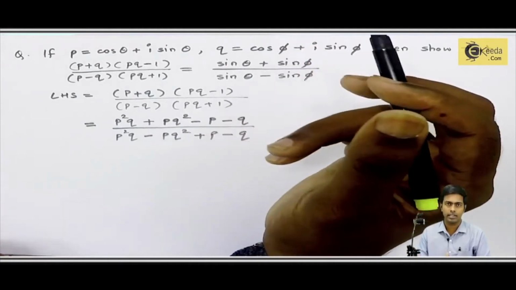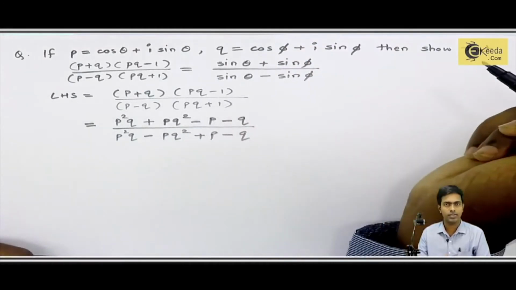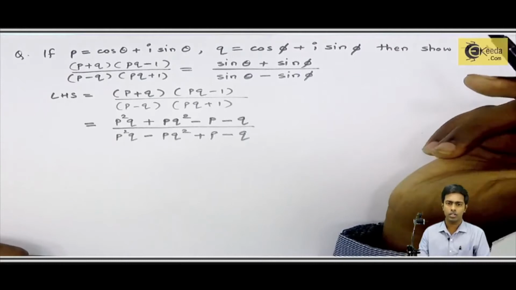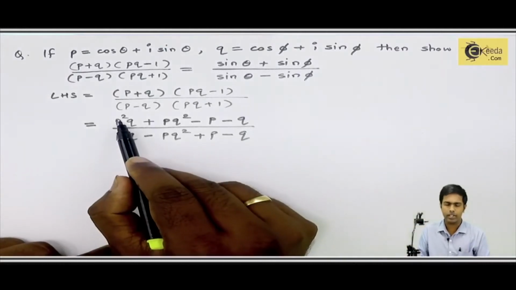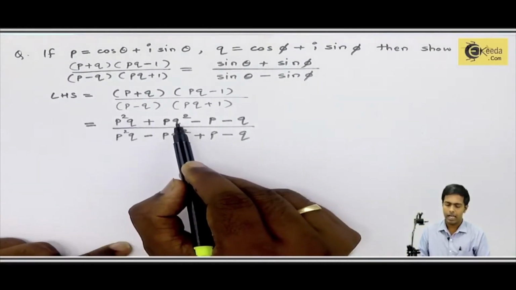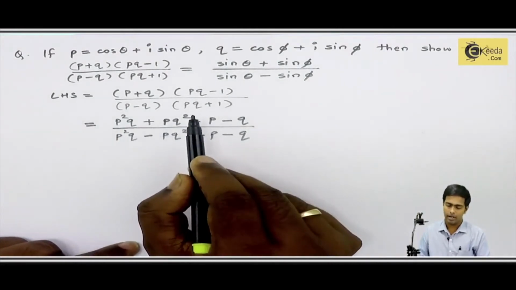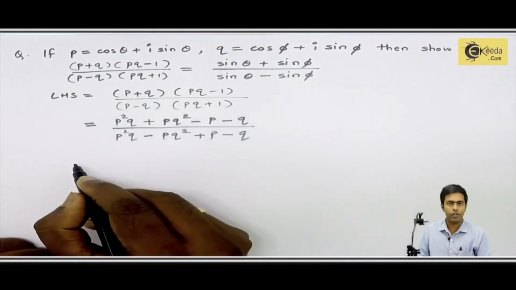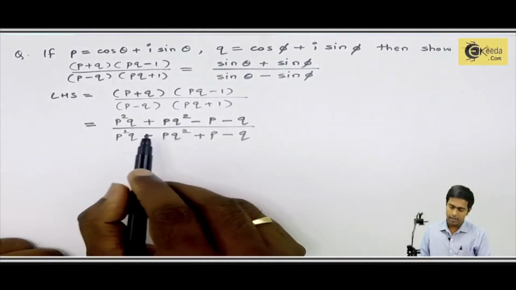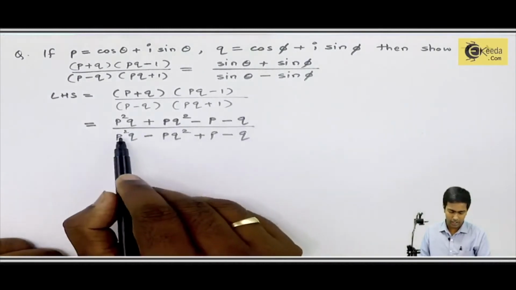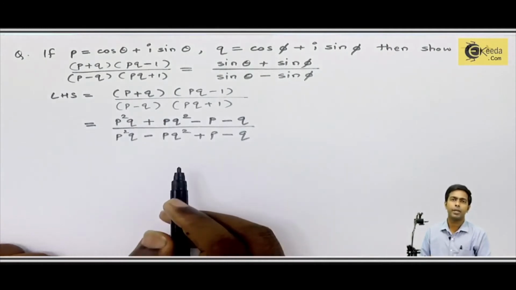So what we'll do is, we'll try to remove this square from P as well as from Q, because P and Q are complex numbers, and for that we will divide this numerator as well as this denominator by PQ.